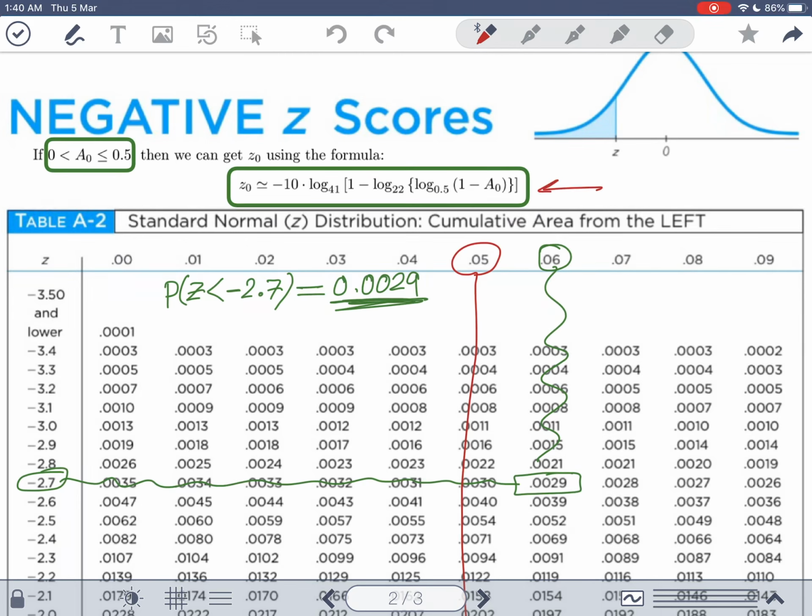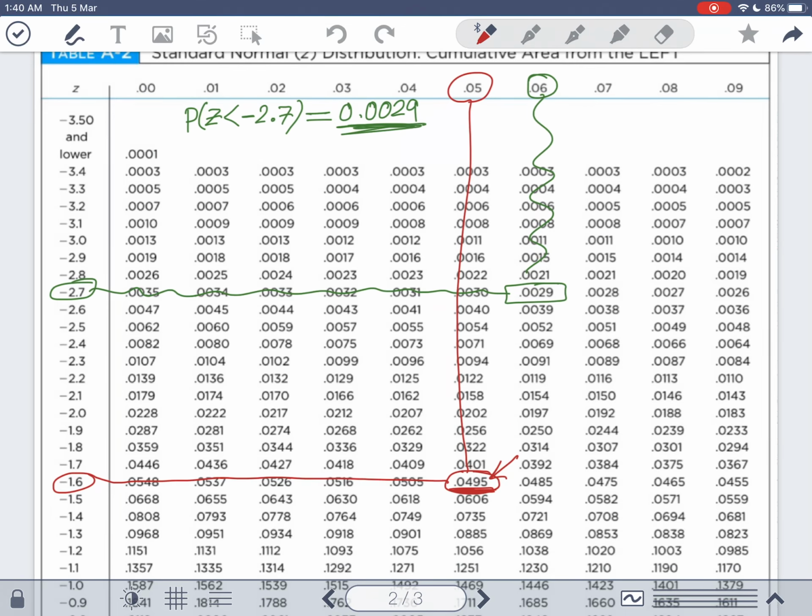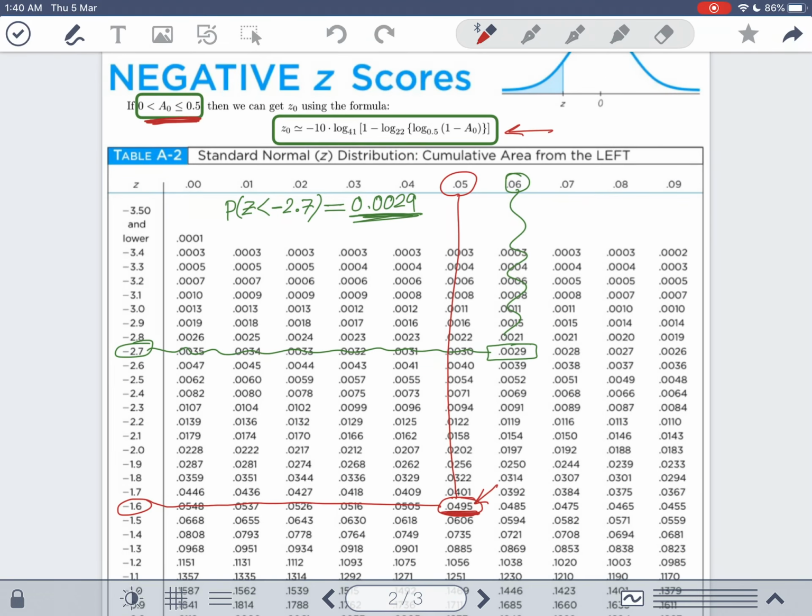This is the formula when the area is between 0 and 0.5. We chose 0.0495, and that's less than 50%. It's actually 4.95%, so much less than 50%. And so we use this formula.